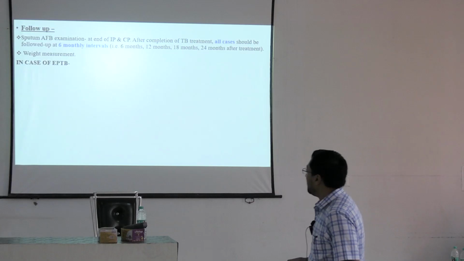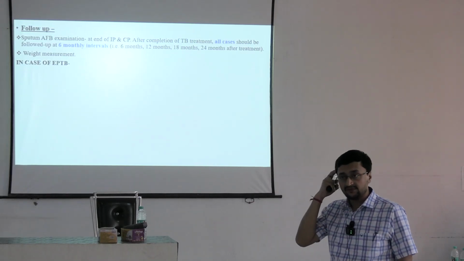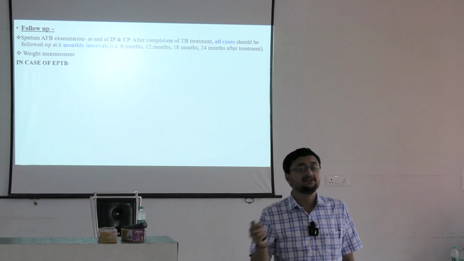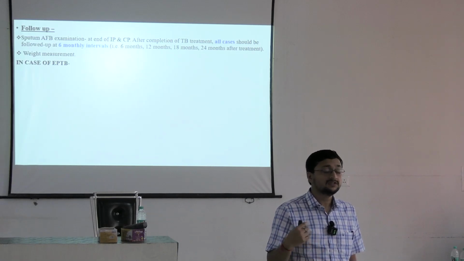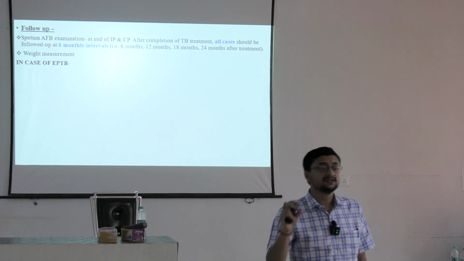Weight measurement, and in case of EPTB, the follow up depends upon the site of extrapulmonary TB. Suppose the patient has lymph node tuberculosis, then you have to assess the size of the lymph node.